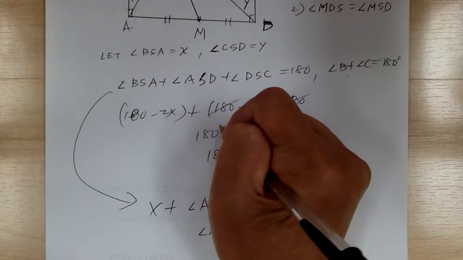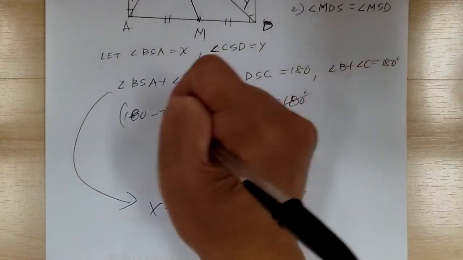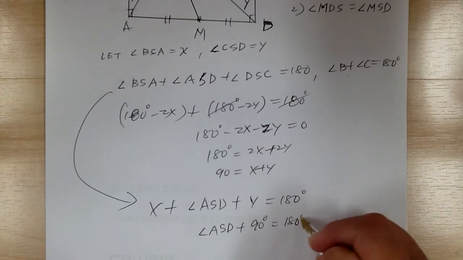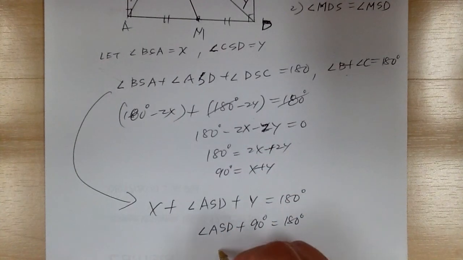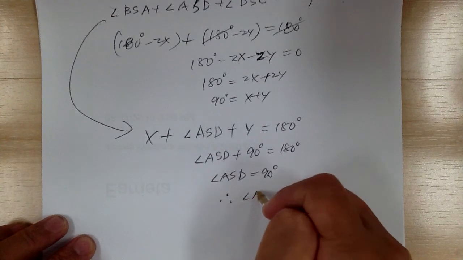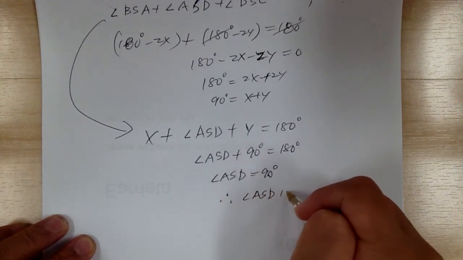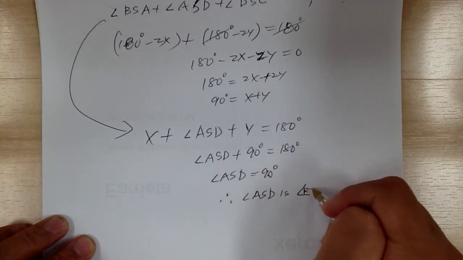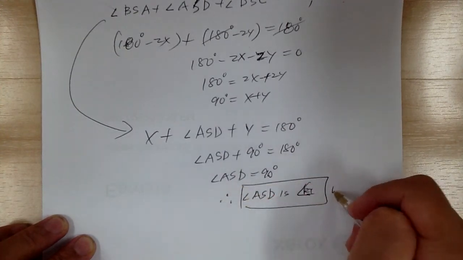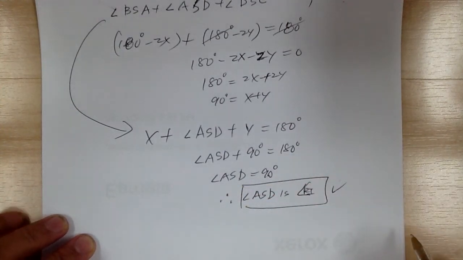Let's put the degrees in here to be more exact. So angle ASD equal to 90 degrees. And therefore, angle ASD is a right angle. Okay? So we proved that. That's the first part.